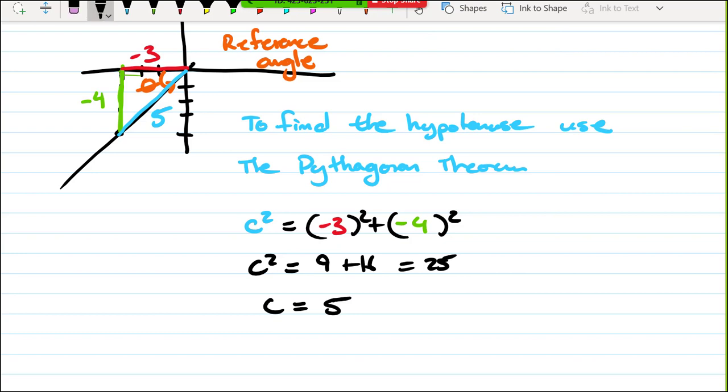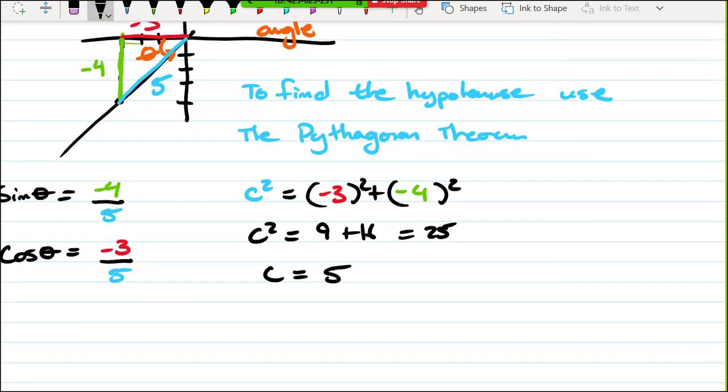So then sine theta would be opposite over hypotenuse, so that's going to be -4 over 5. And then the cosine of theta would be adjacent over hypotenuse, which would be -3 over 5.